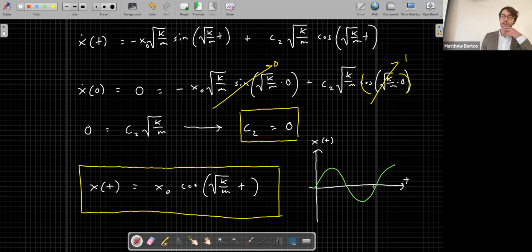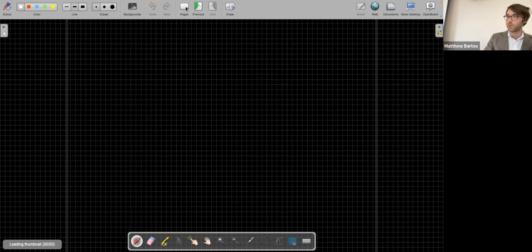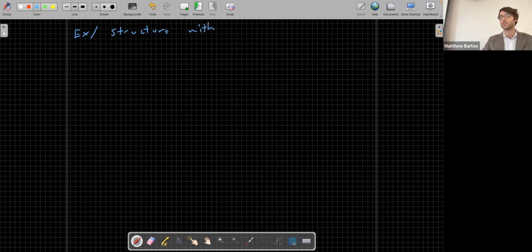This is for the case where there is no damping. Let's just take a quick look at the case where there is some damping. I'm not going to go through the entire solution procedure, but I want to show it to you just so that you have this information.